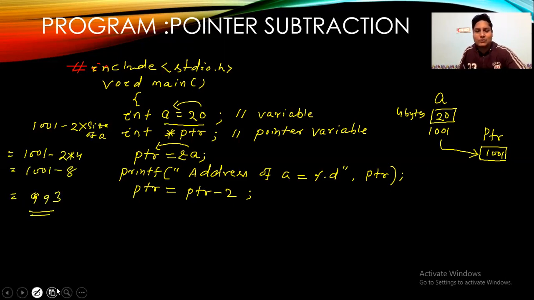Perhaps that will be the value after subtraction. But this value may not be the same, because the system will provide us the address of ptr when we store it in the memory. We do not know what that address will be. So I have taken 1001 as the address of a.